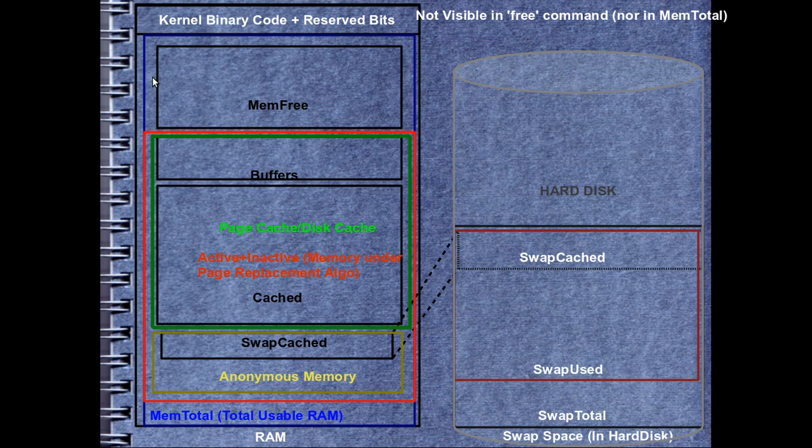So if we are talking about blue color, that's the total mem total, or the total amount of RAM, usable RAM, or the RAM which is available to the memory management unit of the operating system.